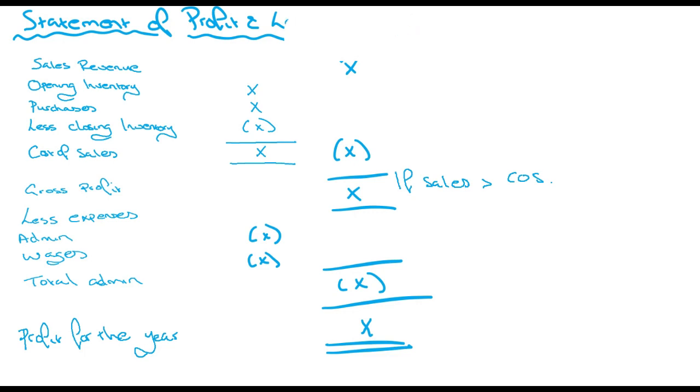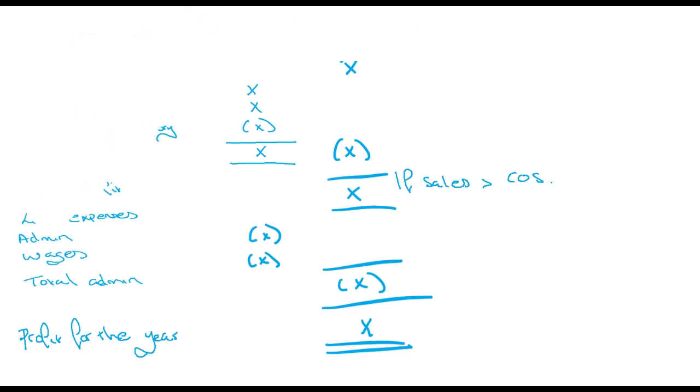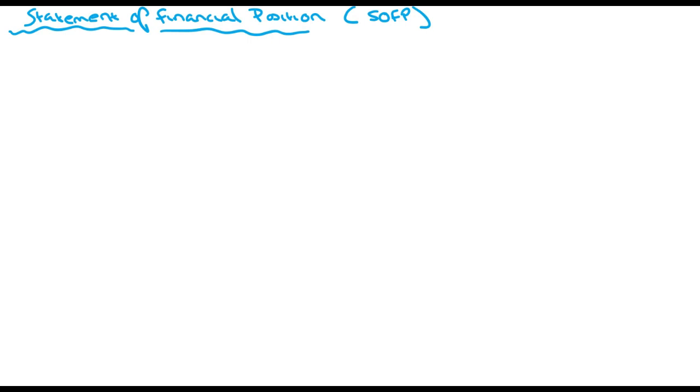So let's move on to the statement of financial position, or SOFP. We're going to start off with non-current assets. These are long-term assets basically, things like land and buildings, property and equipment.